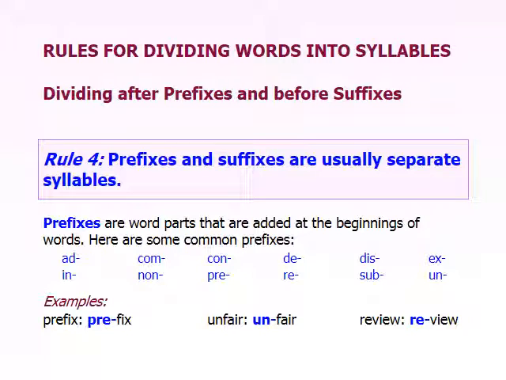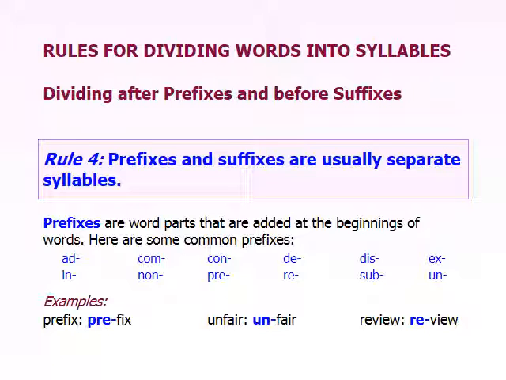All right, so then our fourth rule is about prefixes and suffixes. What a prefix is, it's a part of a word that comes before the word and adds a meaning to it. So the prefixes that you're going to see in this chapter are listed here. So you have add, in, com, non, con, pre, and so on and so forth.